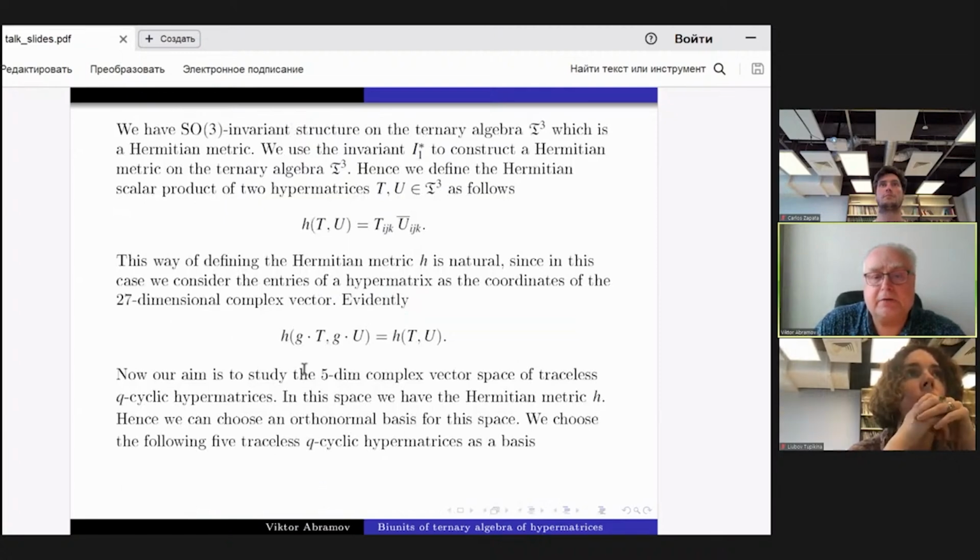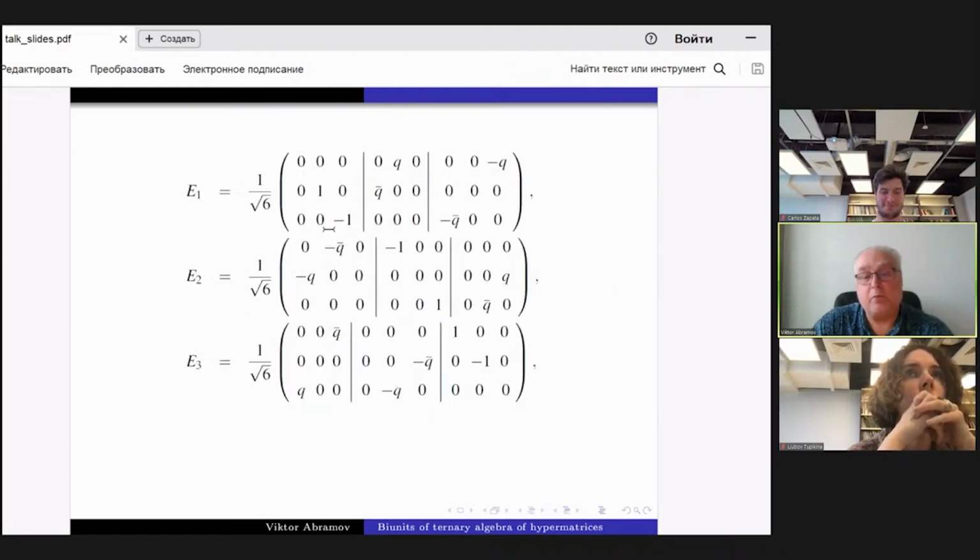Now, I calculated both. So first of all, now we have a Hermitian metric on the whole space of third order hypermatrices. But I'm interested not in the whole space, but only in the space of q-cyclic traceless hypermatrices, which is 5-dimensional. And so this Hermitian metric gives me a possibility to find an orthonormal basis. And I found it. This orthonormal basis consists of 5 hypermatrices. This.